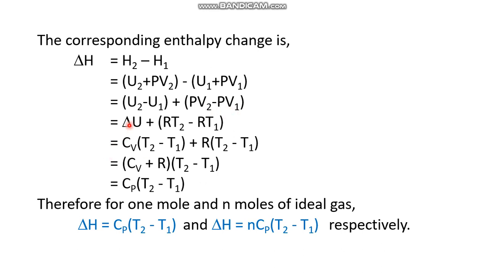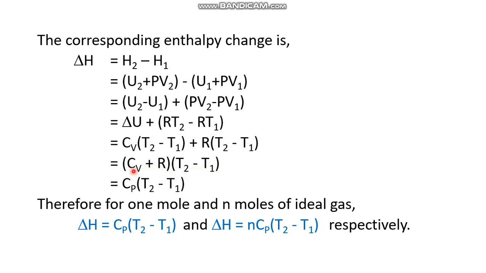We know that delta U is Cv into T2 minus T1 from our earlier deductions, and here R is taken as common, so it becomes R into T2 minus T1. So T2 minus T1 can be taken as common, leaving Cv plus R. So it's the product of Cv plus R and T2 minus T1.